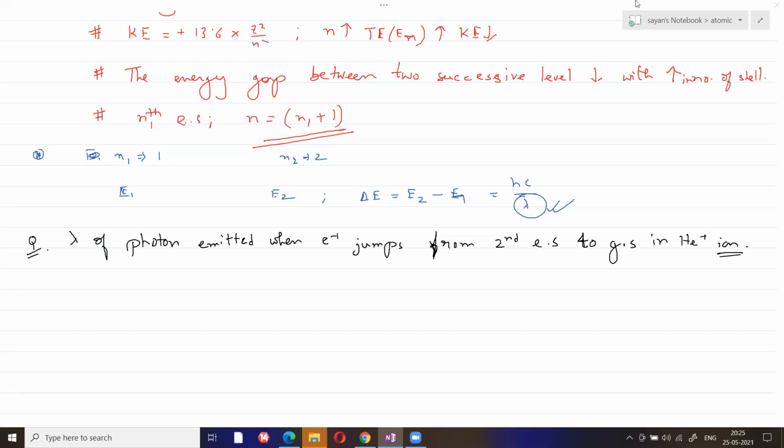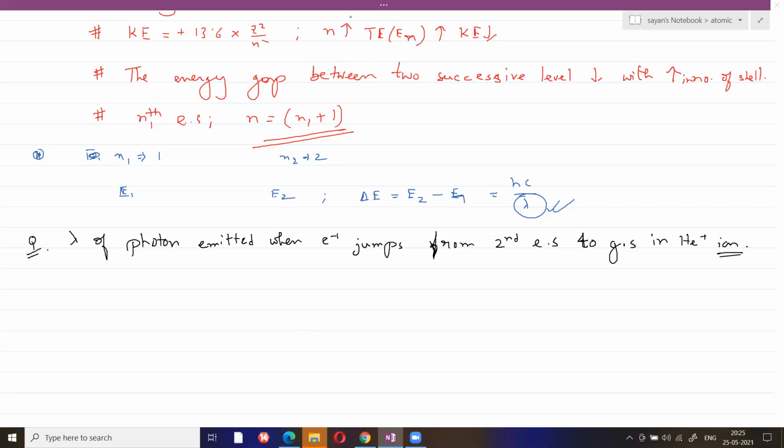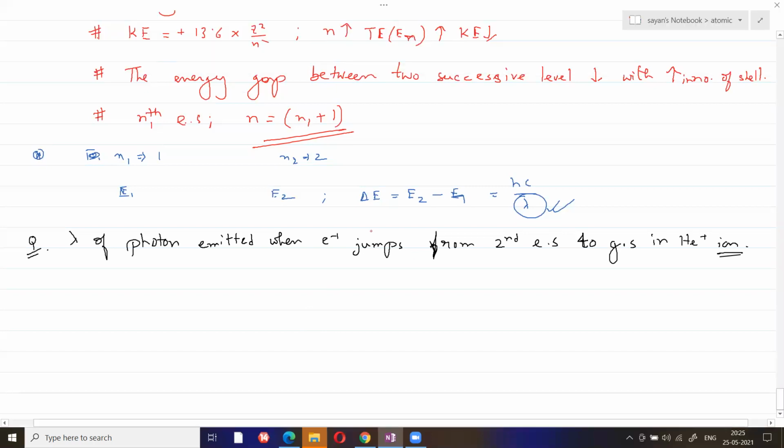Completed. Look, in this case, how can you solve this one? This is given for helium plus, so the Z value is fixed. The electron jumps from the third excited state to the ground state.